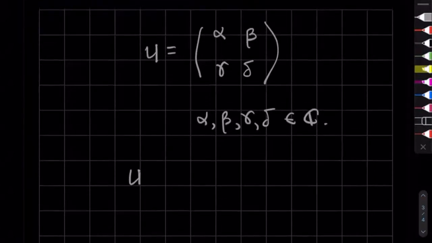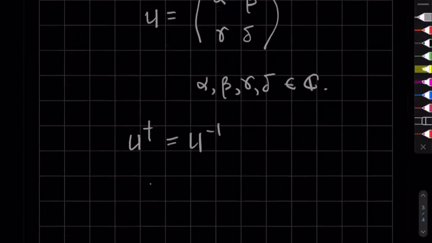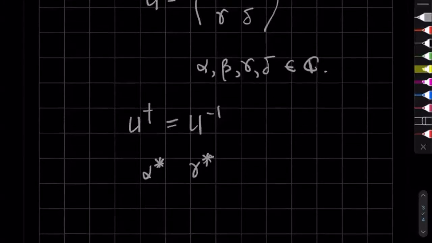And then if I use the condition that U dagger is equal to U inverse, then what happens is that I get alpha star, gamma star, beta star, delta star.